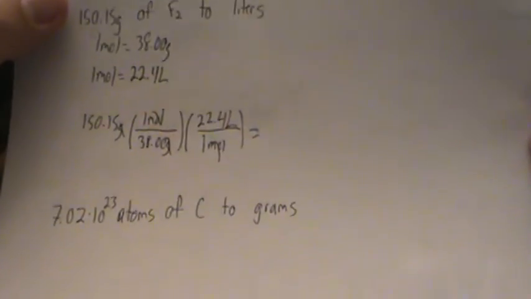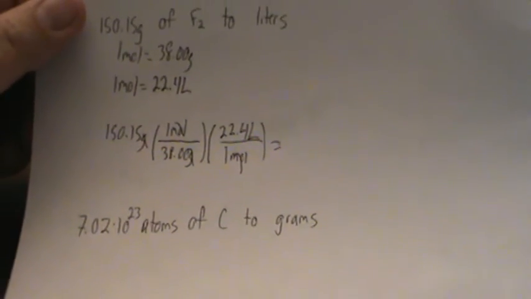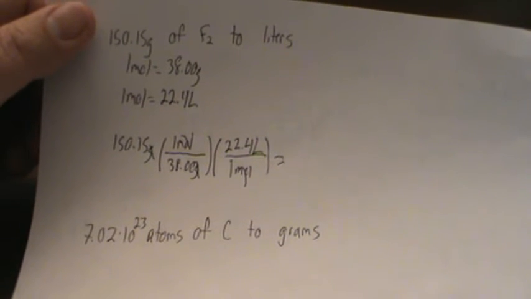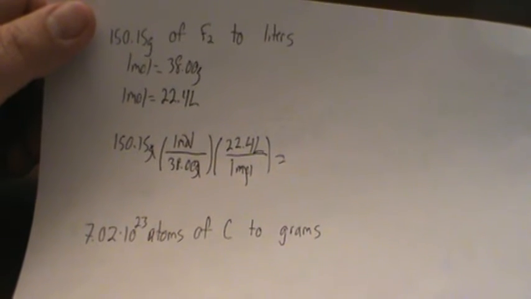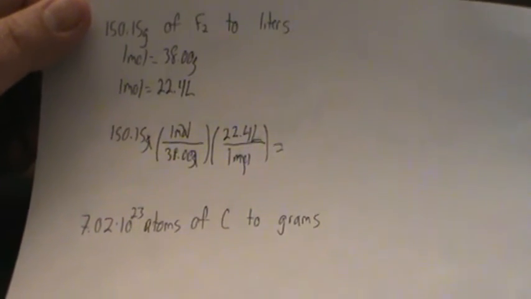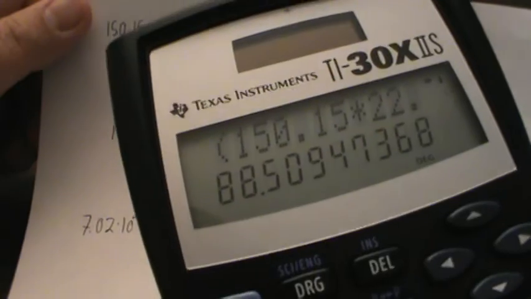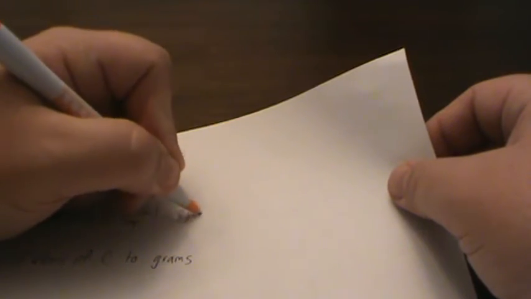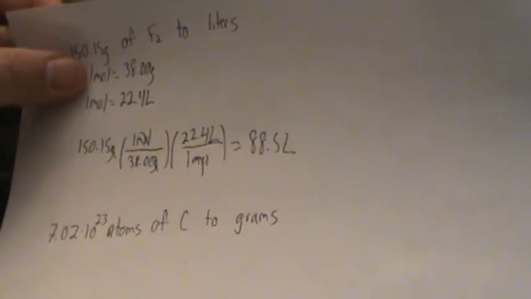Moles cancel out. So 150.15 times 22.4, all divided by 38. I'm coming up with 88.5 liters. That's my answer.